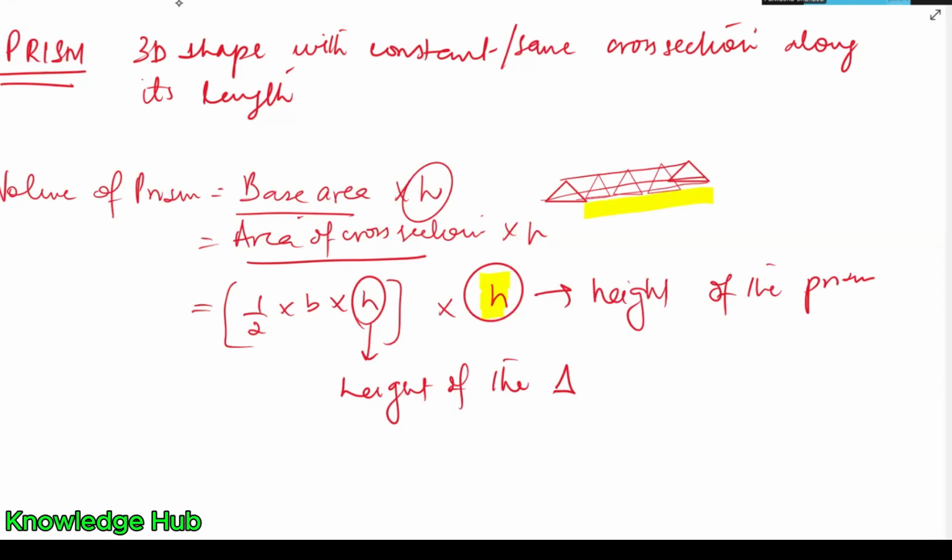This height is the height of the triangle, and that is the height of the prism. So the formula is base area times height.